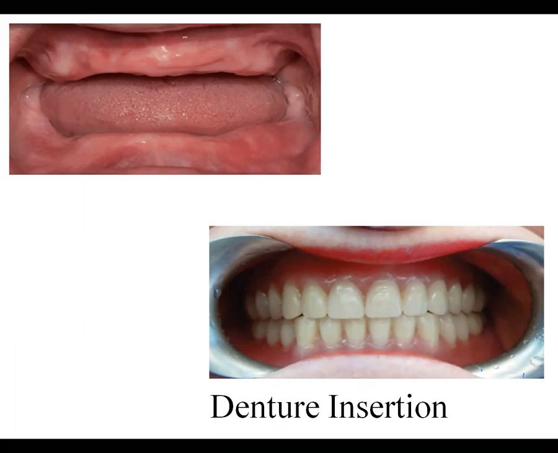All these steps we are going to learn in detail. Before touching the patient, you should know all the theoretical knowledge regarding complete denture prosthesis. Okay, so we will stop here. Thank you.